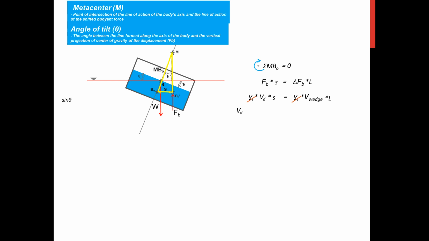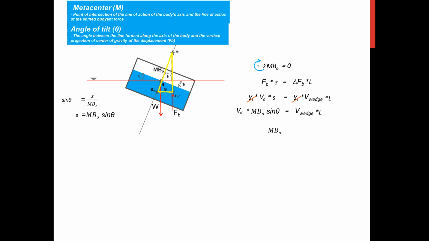So by function of sine relating MBO, sine theta and S, sine theta, opposite of theta is S and the hypotenuse is MBO, we can have that S is equal to MBO times sine of the angle of tilt. We place that in here as the value of S, equating to the volume of the wedge times L.